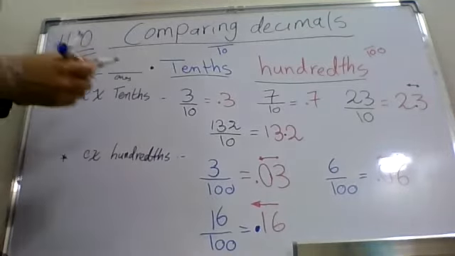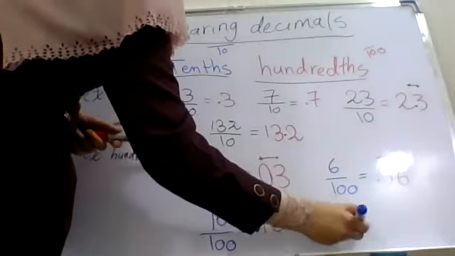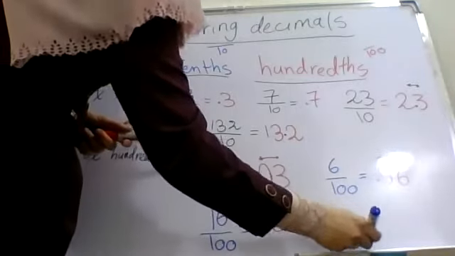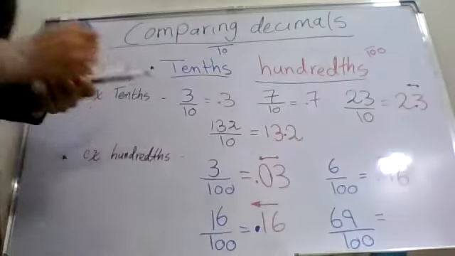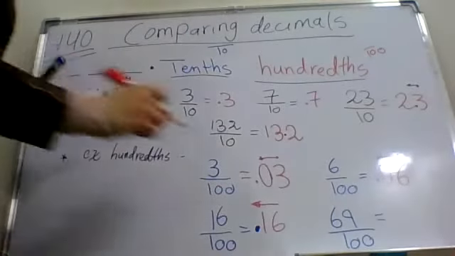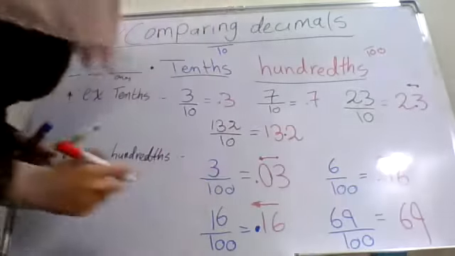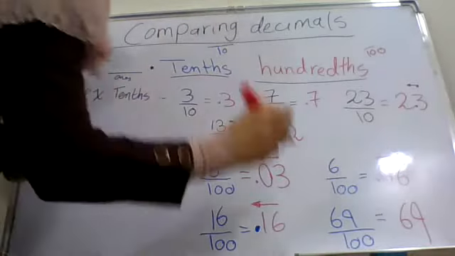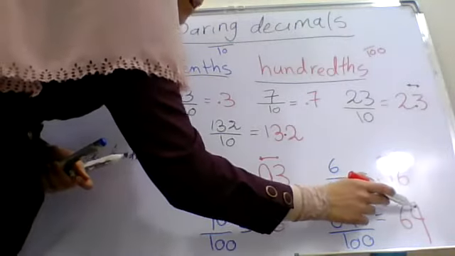Again, another number. If I want to write 69 hundredths, okay? 69 hundredths. How can I write it in a decimal way? Again, fourth grade, write the whole number, which is 69. Count how many zeros. This is the second step. 1, 2. I count from the ones place, 1, 2.